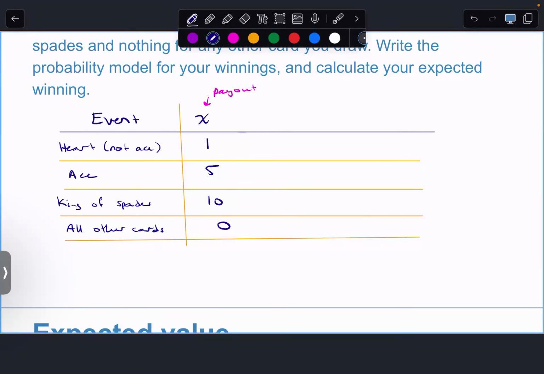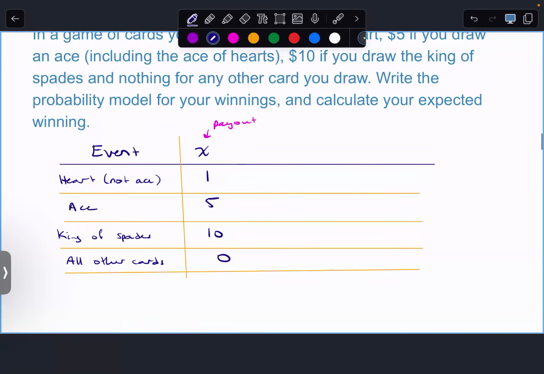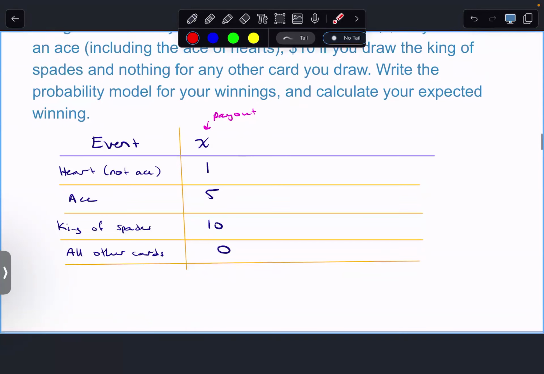First we're going to write the probability model, remembering the first rule of a valid probability distribution, which is a probability model. Sometimes we call this a probability distribution, and we already learned the rules of a valid probability distribution.